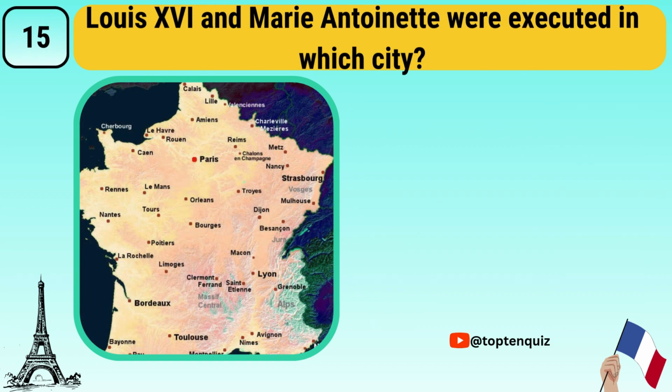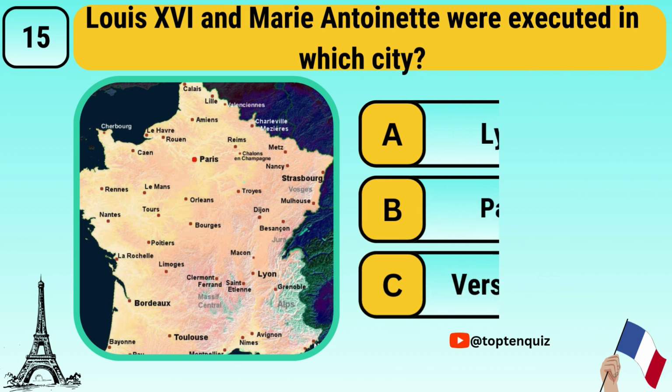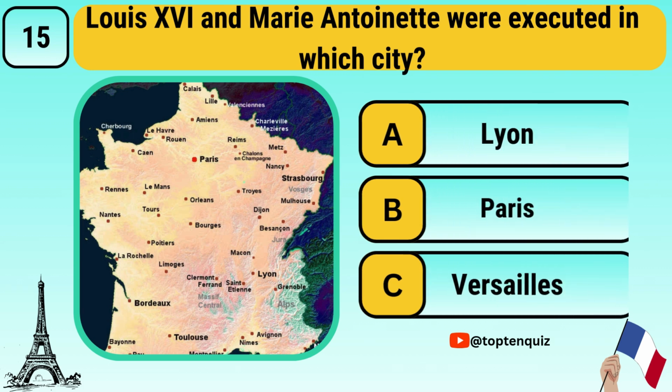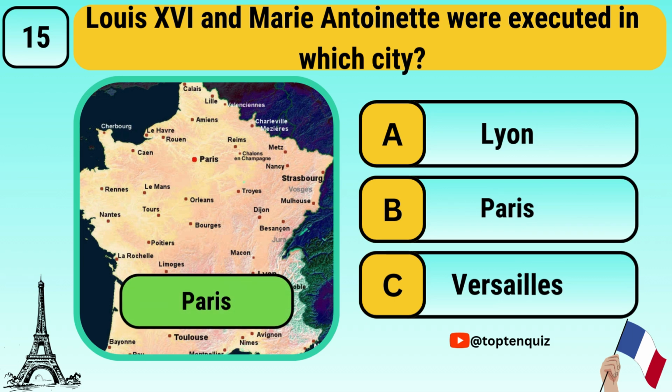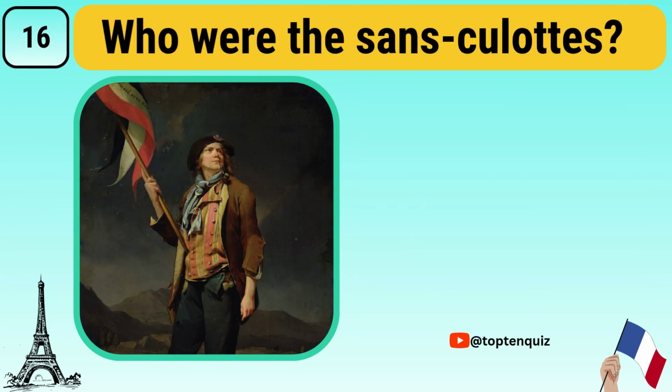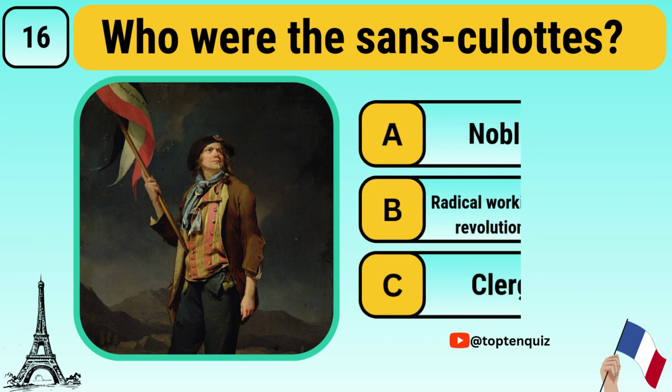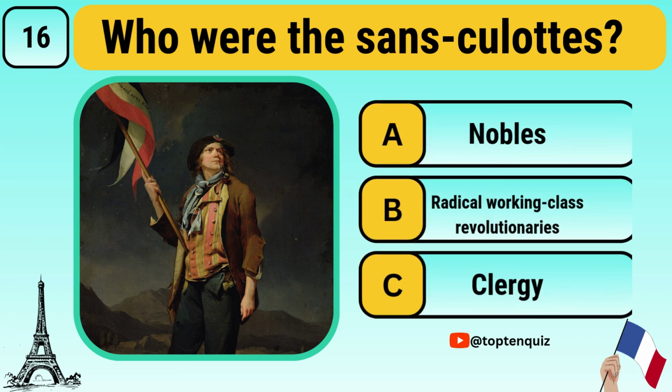Louis XVI and Marie Antoinette were executed in which city? Lyon, Paris, Versailles. Paris. Who were the sans-culottes? Nobles, radical working class revolutionaries, clergy.